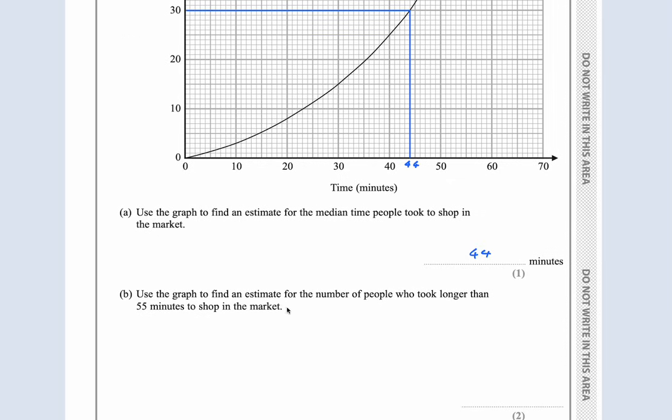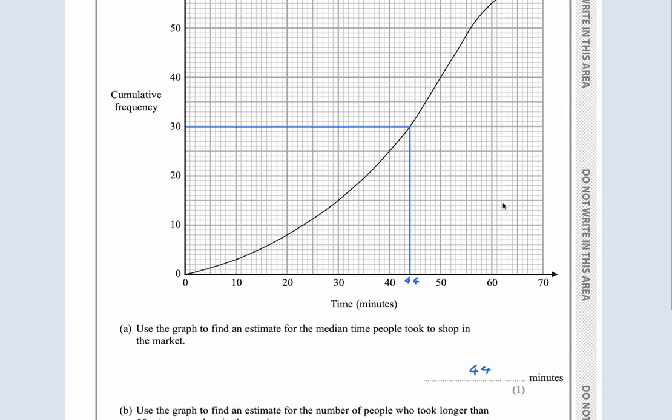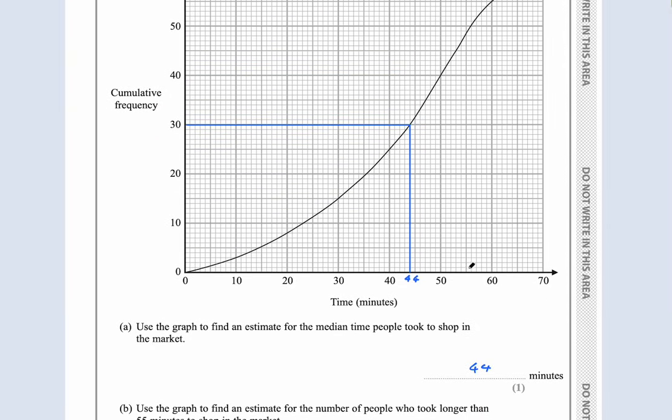Use the graph to find an estimate for the number of people who took longer than 55 minutes. Okay, so we go to 55 here. We go up, and that's kind of like halfway between those two, I would say. Go across. Okay, well, these are going up in ones anyway, so I guess we'll just round to the nearest one.